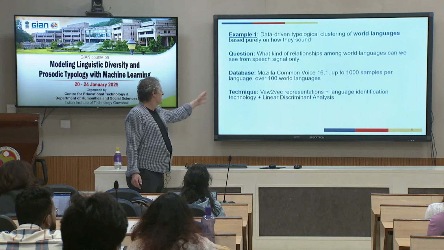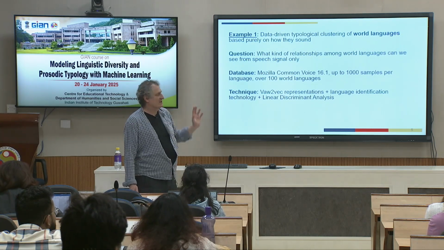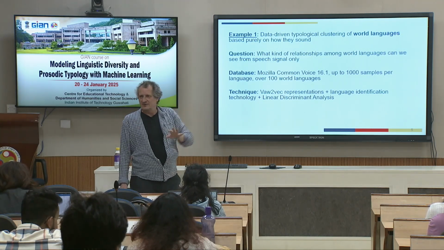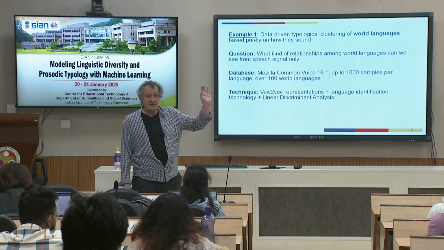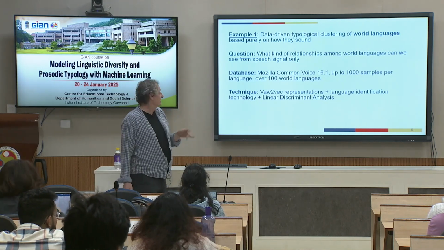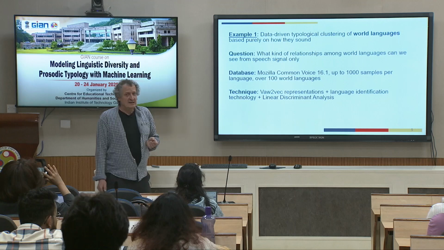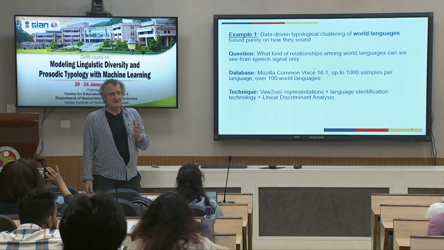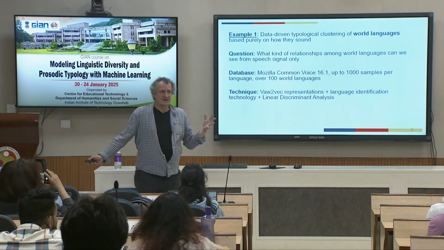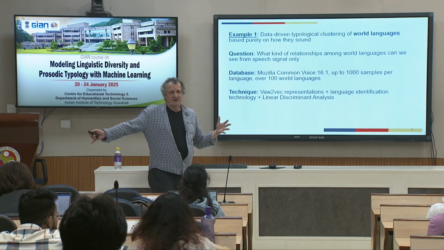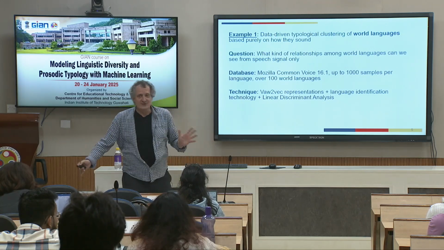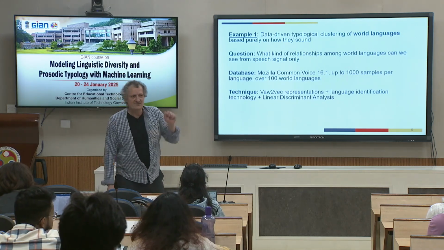Actually, I said up to 1,000 samples because we cropped it, but some languages contain many more than 1,000 samples. And of course this database, as always, is not very representative when you look at the world. It's very Europe-centric.